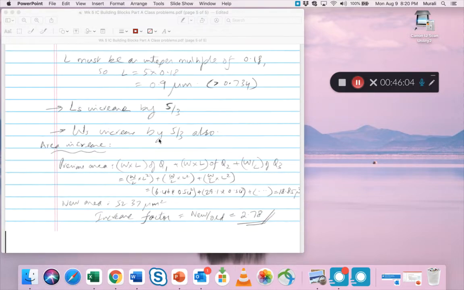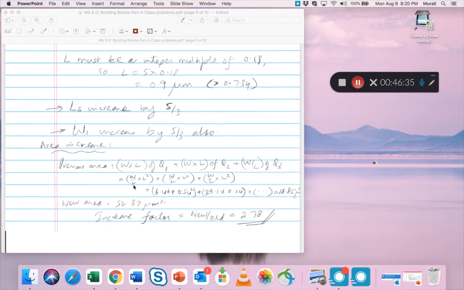So with L and W increasing, the previous area has to increase, right? So previous area was this much. The area of Q1, the area of Q2, area of Q3, which is width into length. But we don't know width separately. So we use W by L into L square. We are given this. So you get 18.85. New area, using the same method, you get as 52.37 with the new W by L's.